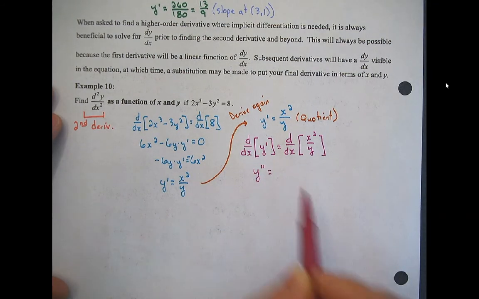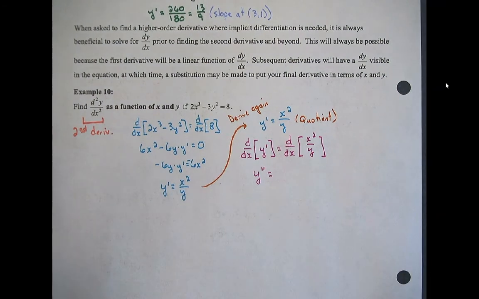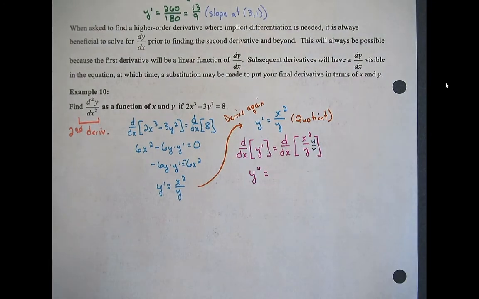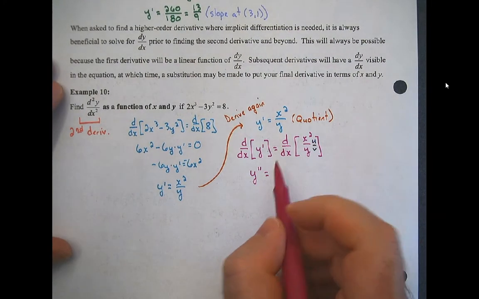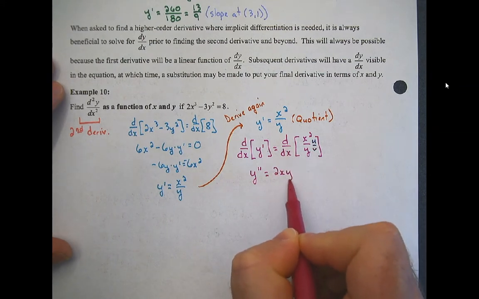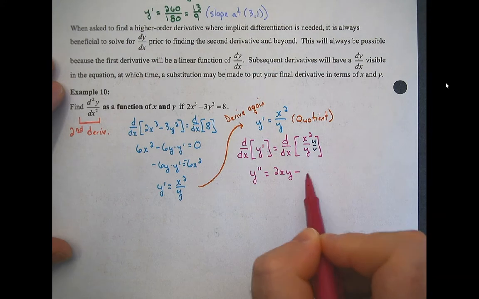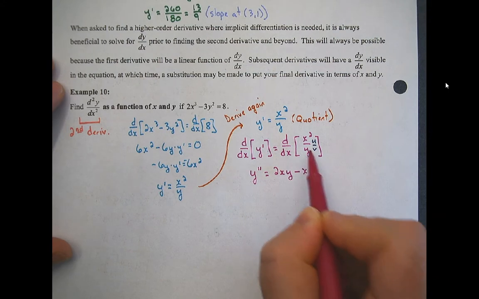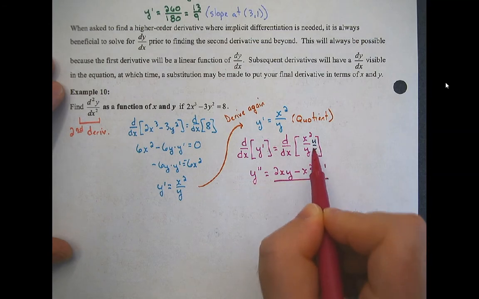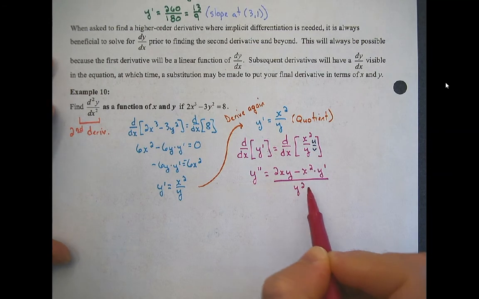That's my u, that's my v. So it's u prime, which is 2x, u prime v, minus this time, u v prime, which is y prime, over v squared, which would be y squared.